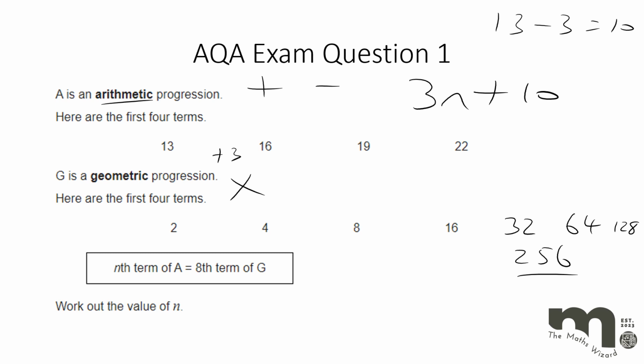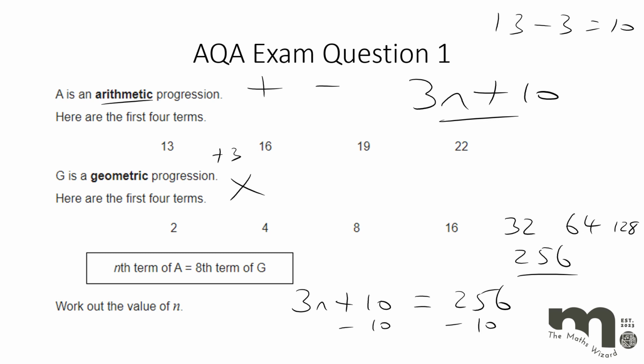So now all we've got to do is put these two together, because it's telling you that that is equal to that. So we write 3n add 10, and that equals 256. Now all we've got to do is solve this little equation.